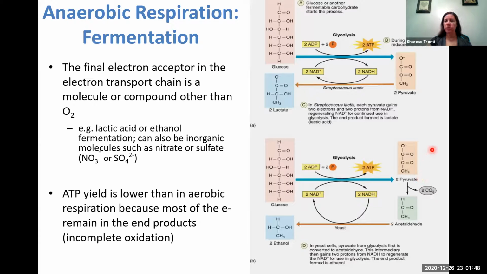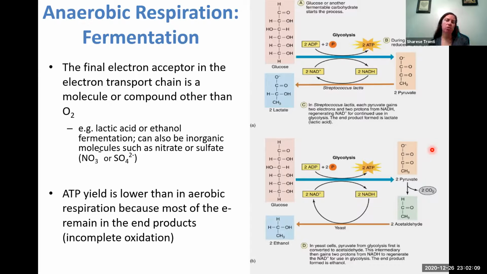All right, so that was cellular respiration or aerobic respiration. Now we're going to talk really quick about fermentation, which is anaerobic respiration. Respiration carried out in an anaerobic environment. So remember, we had that oxygen. That was the final electron acceptor in the electron transport chain.